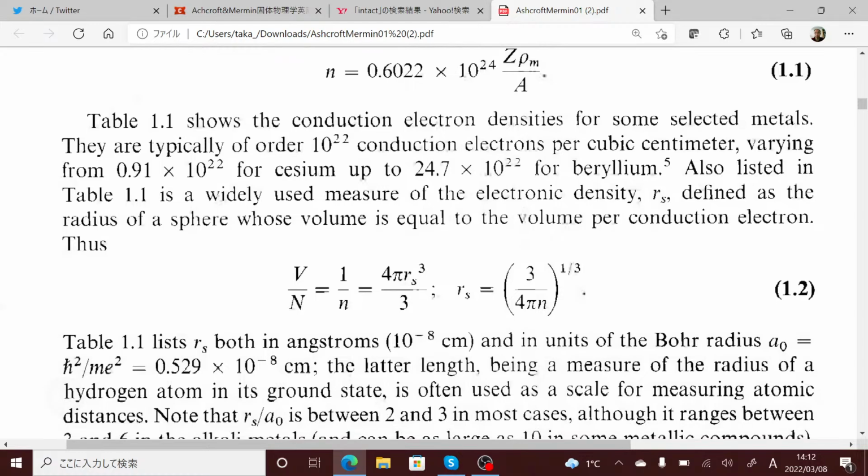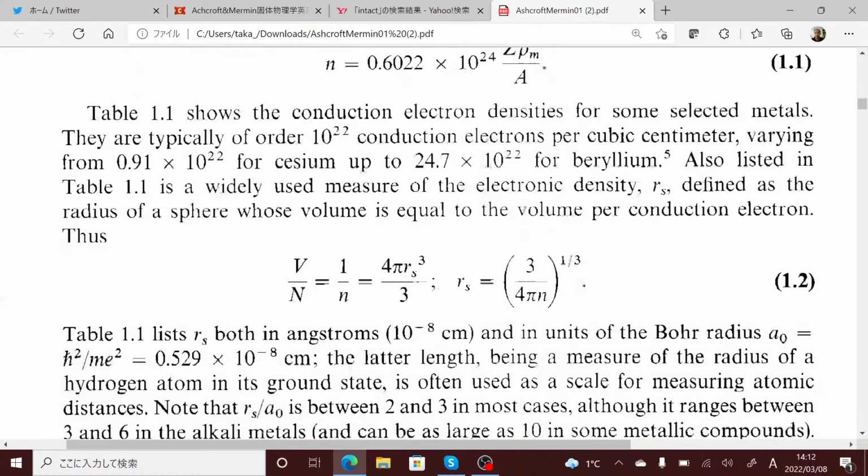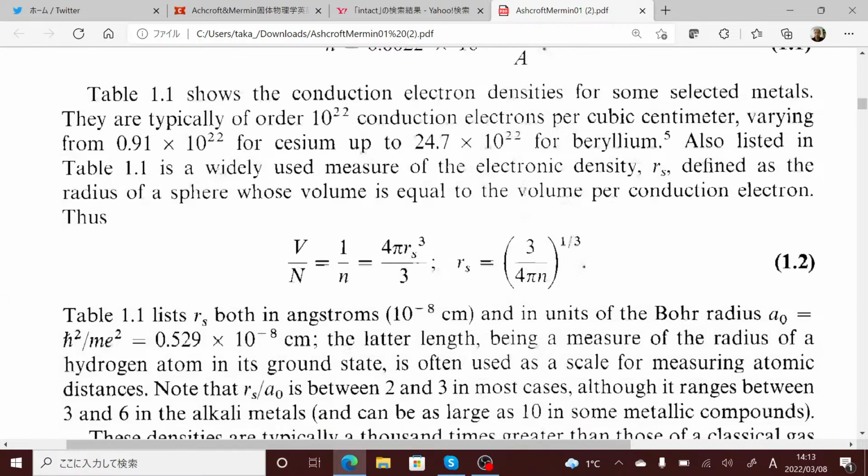Also listed in table 1.1 is a widely used measure of the electronic density, r_s, defined as the radius of a sphere whose volume is equal to the volume per conduction electron.